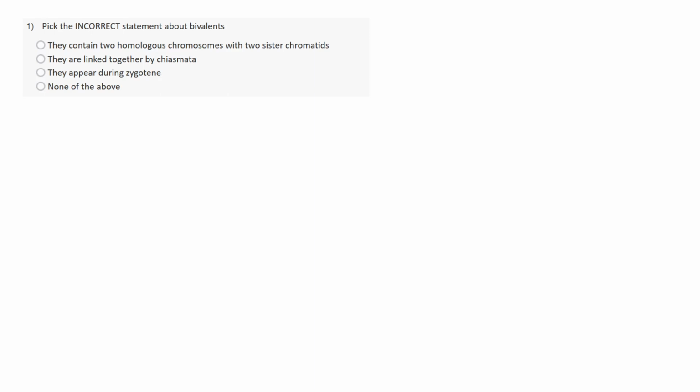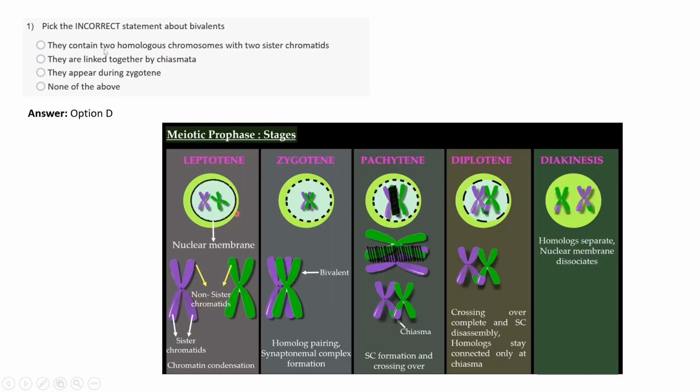If you have attempted, then you already know. So all the three options are correct, basically. Regarding the bivalent, it is the two chromosomes which are paired with each other after the synaptonemal complex formation.